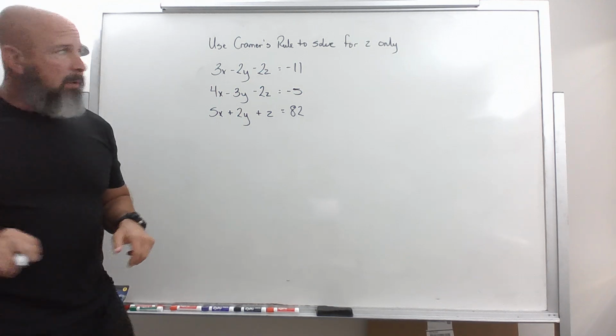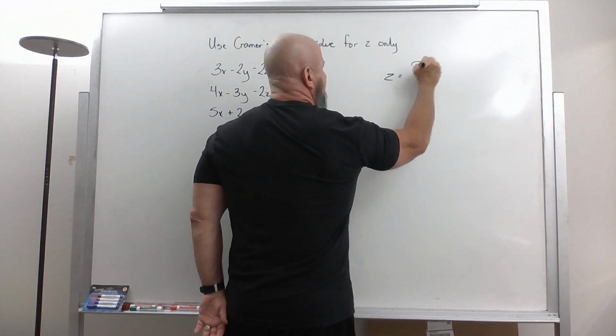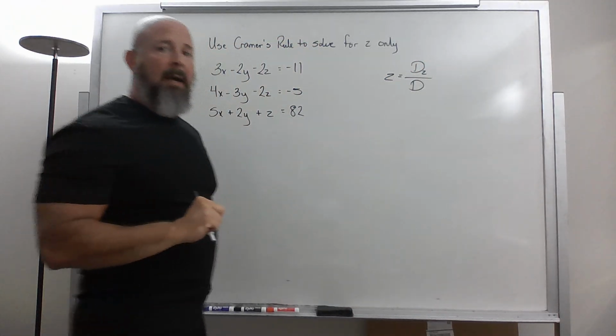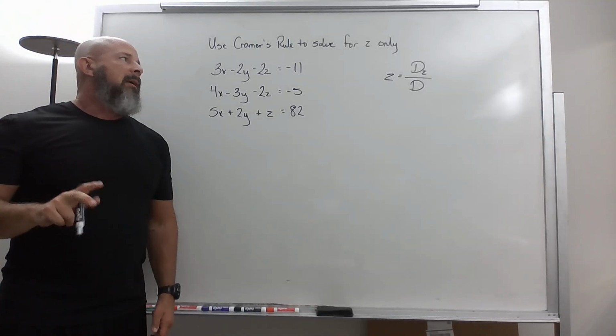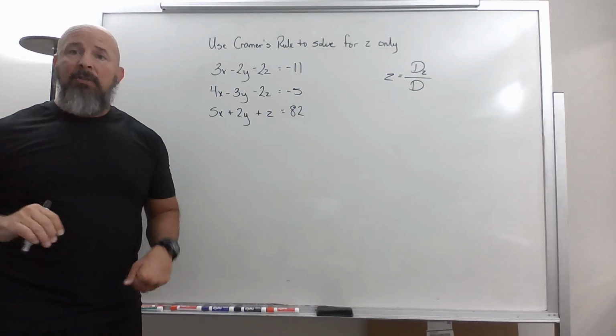need to find just 2 of them, because what we want to remember is z would be D with respect to z over D. So we would have to find the base determinant D, and then D with respect to z. Okay, so let's go for that base determinant first.